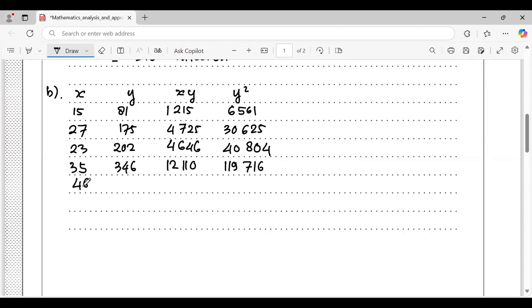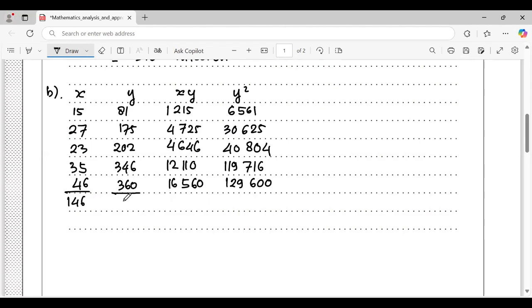This 46, 360. 16,560. 129,600. After that, calculate the totals. The accumulation of x, sigma x, is 146.